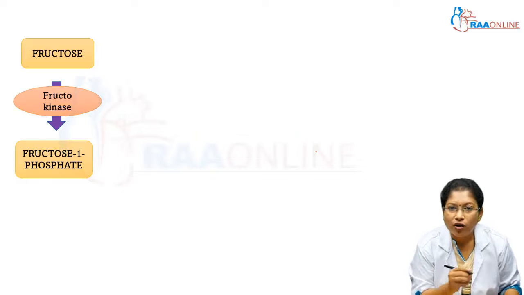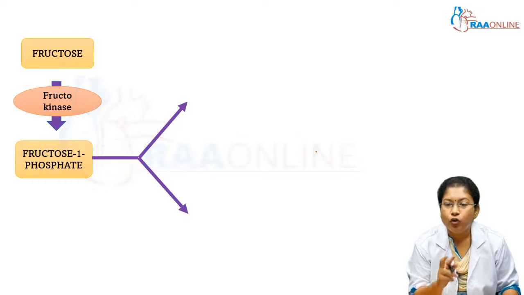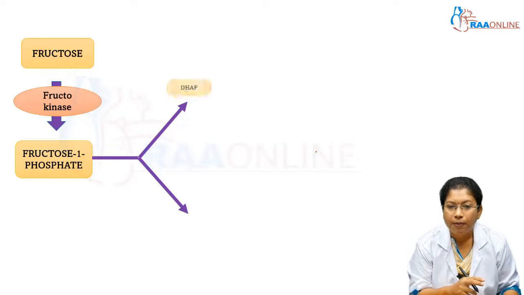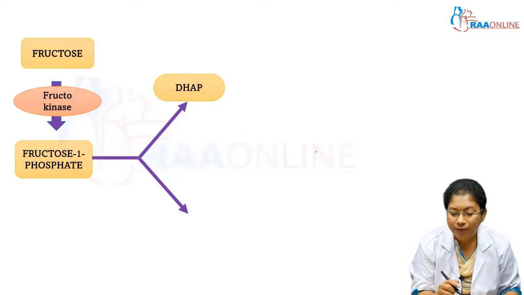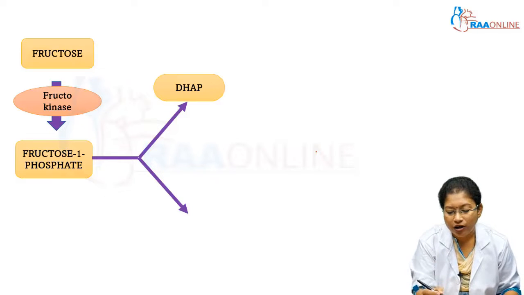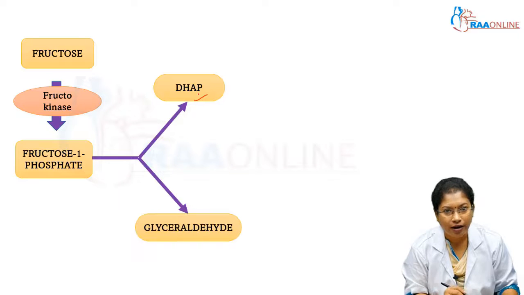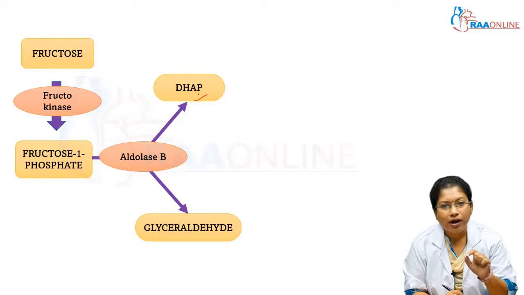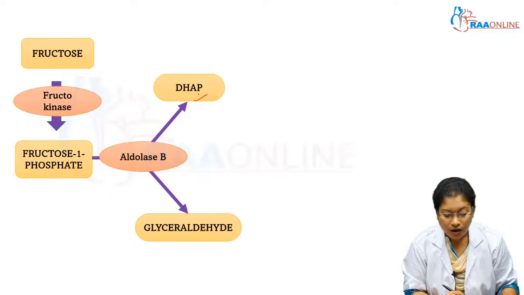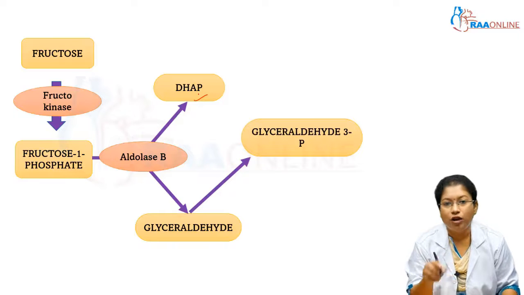When fructose 1-phosphate is formed, it can be split into two compounds by an enzyme called aldolase B. The compounds formed here are dihydroxyacetone phosphate and glyceraldehyde. You have seen a similar enzyme in glycolysis, that is aldolase A. The glyceraldehyde is further converted to glyceraldehyde 3-phosphate.